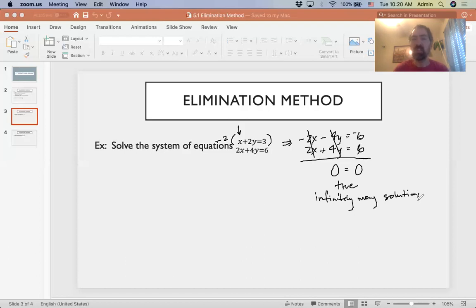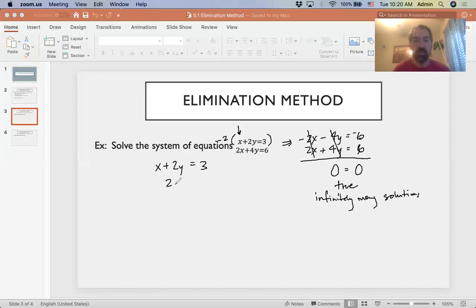So in this case, to write a general formula for our solution, we said x can be anything, and we can write that as x or t or whatever variable the directions may be asking us for. And then we solve one of the equations for y. We're writing y in terms of the x or in terms of the t. Right, and that was taking the first equation and solving for y.